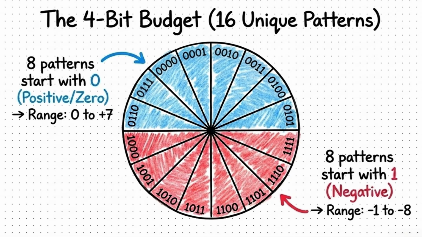Whereas on the negative side, we don't have a negative 0. We can use all 8 of those patterns for actual numbers, which allows us to reach till minus 8, that is 1, 0, 0, 0. That's why the 4-bit range comes down to minus 8 to plus 7.